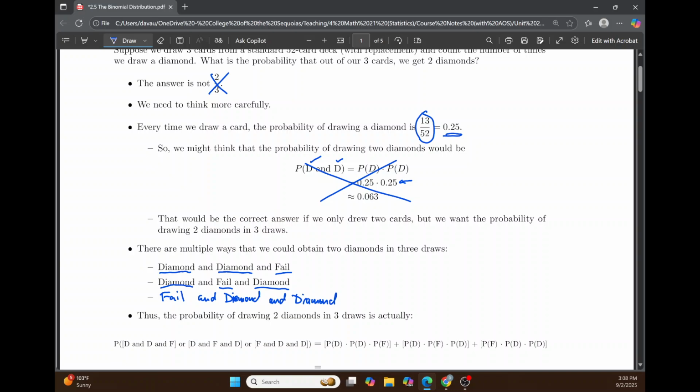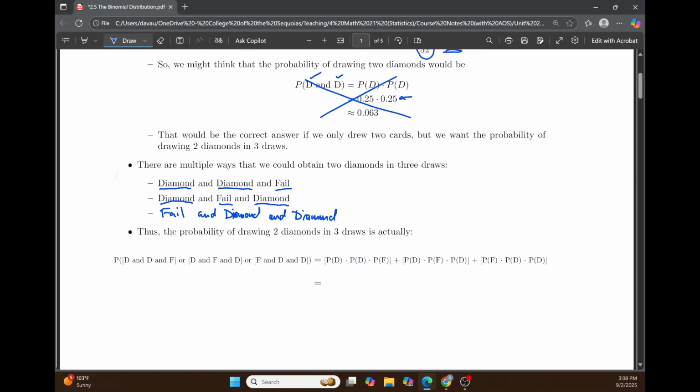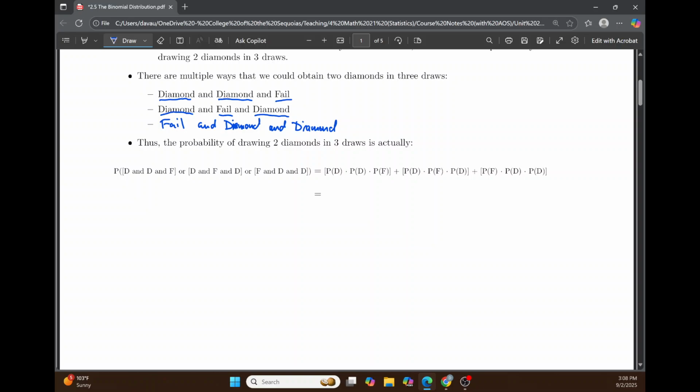So actually, the probability of drawing 2 diamonds in 3 draws is going to be this: the probability of diamond and diamond and fail, or diamond and fail and diamond, or fail and diamond and diamond. And once again, one of the things you just finished learning about in section 2.4 is that all of those ands turn into multiplications, and all of those ors turn into additions. So this is how that statement translates into mathematics.